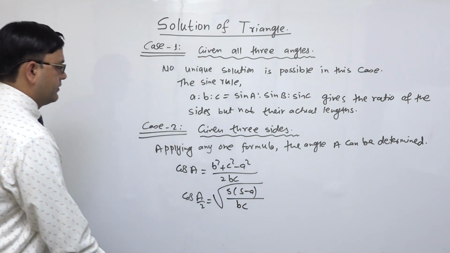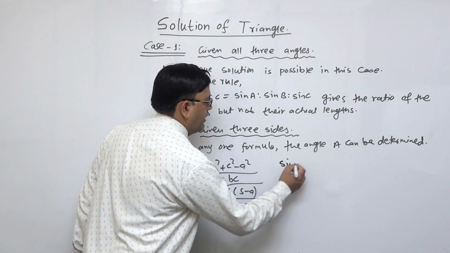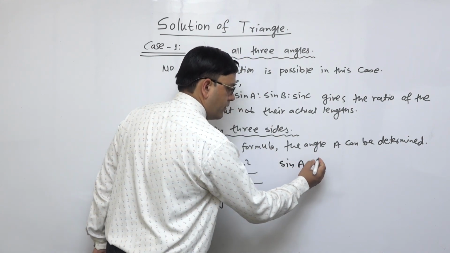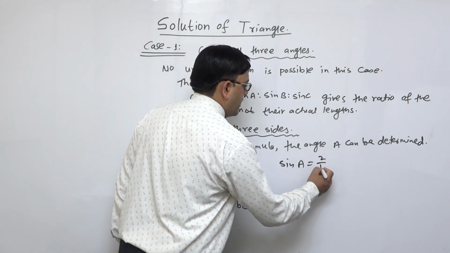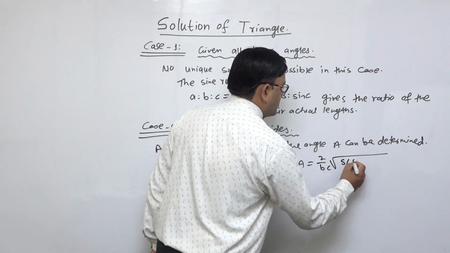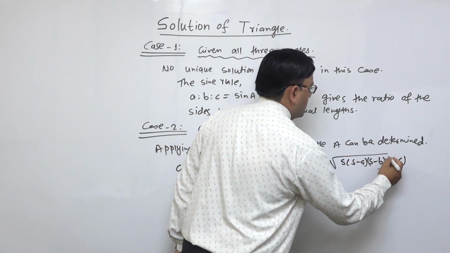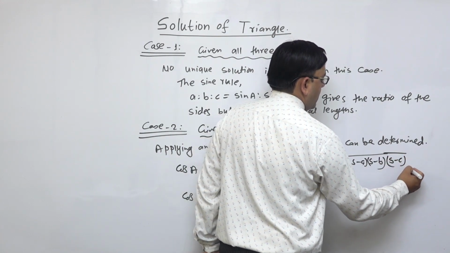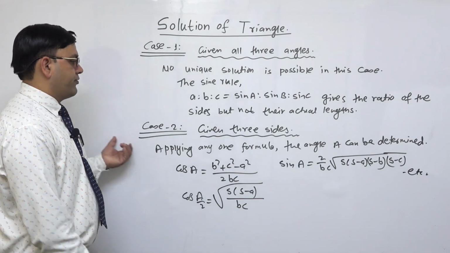Similarly, sin A is equal to 2 by bc times root under s(s minus a)(s minus b)(s minus c), and then other formulas also we can write. So this is case 2.